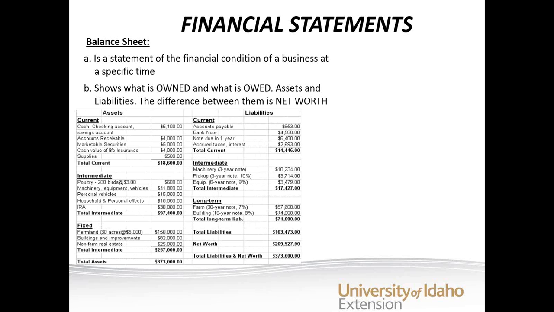This is what a balance sheet looks like. You'll notice that the balance sheet is separated into categories of current, intermediate, and fixed. This is typical of agricultural balance sheets. In the business world, oftentimes it's just current and non-current. The definition of current is those assets and liabilities for 1 year.